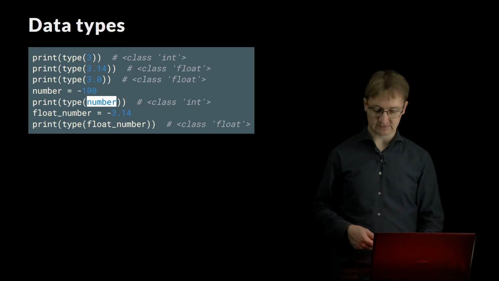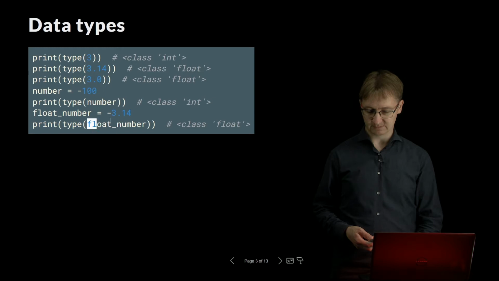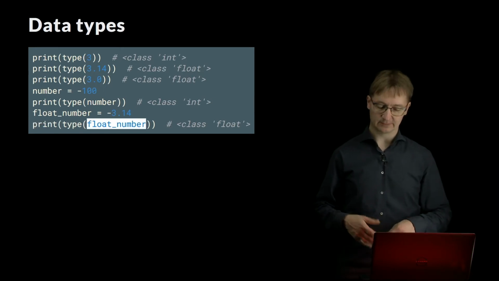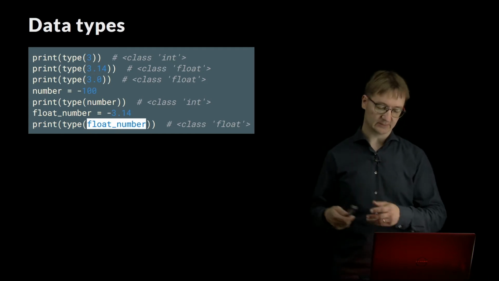And here we can see that this number contains an integer number. The same goes here. So we have a floating point number, and I can use a variable to print out the type of the value inside this variable.